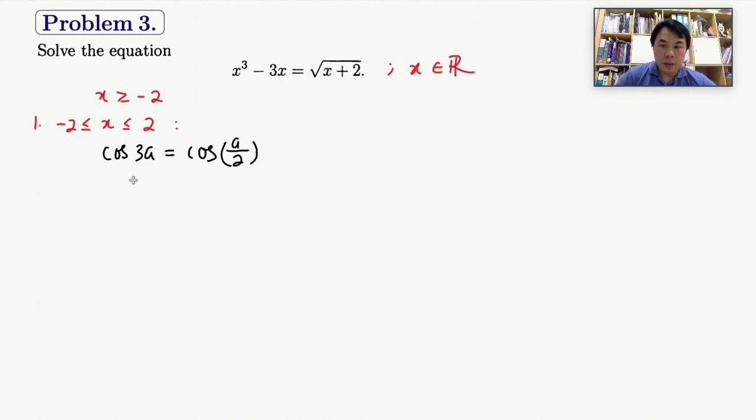will have 3A equal to plus or minus A divided by 2 plus 2nπ, where the n are all integer numbers, positive integer numbers.